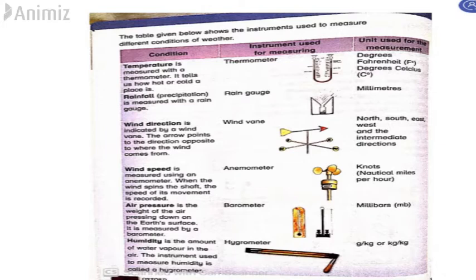Now if somebody asks how meteorologists predict rain, you are going to tell them that they measure different factors, and according to those factors they predict the rain. Those factors are temperature, rainfall, wind direction, wind speed, air pressure, and humidity. And you also know what these conditions are, what instruments we use to measure them, and what the units for their measurement are.